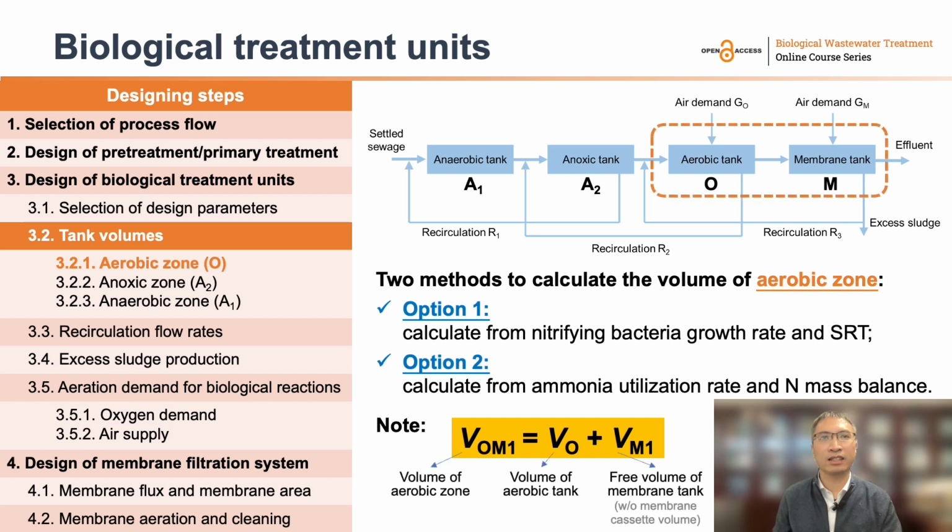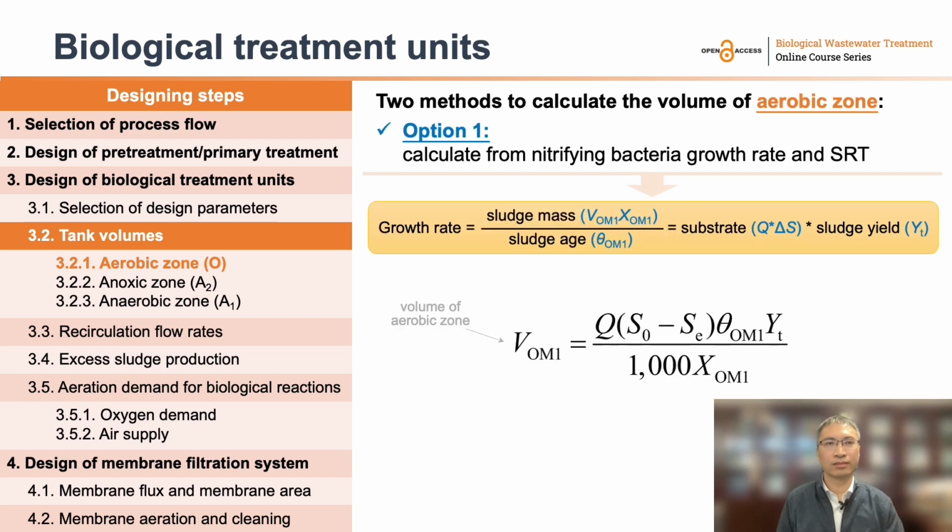We should note that the volume of the aerobic zone includes the aerobic tank and the free volume of the membrane tank. Because they are all under aerated condition, this is a special point for the MBR process.